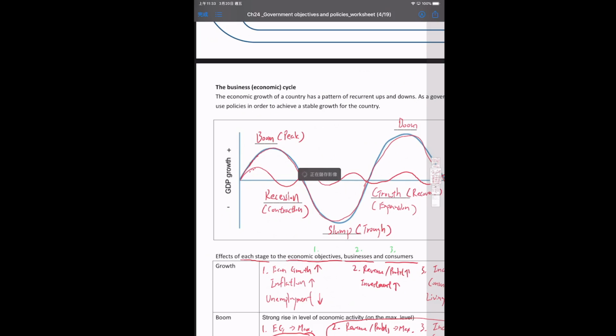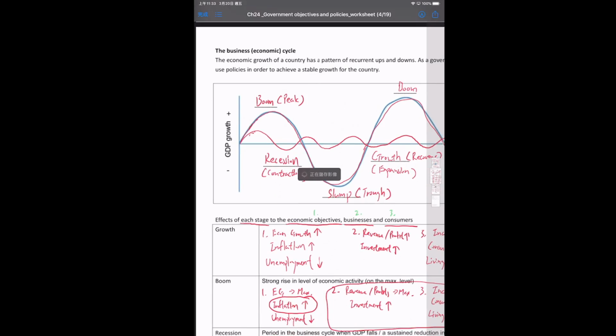As a government, we don't want to see that. We want ourselves to be somewhere like here. But right now, you are on the top, so that's why we are using the fiscal policy, trying to drag us down a little bit back to a point like the cross right there.